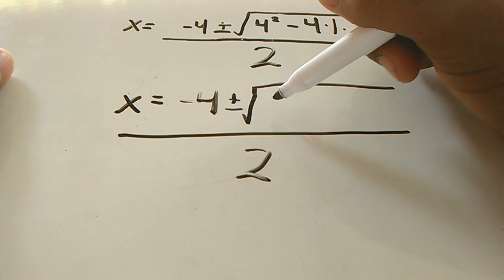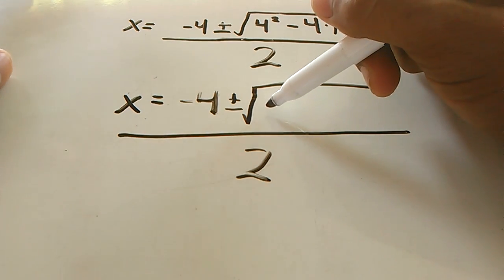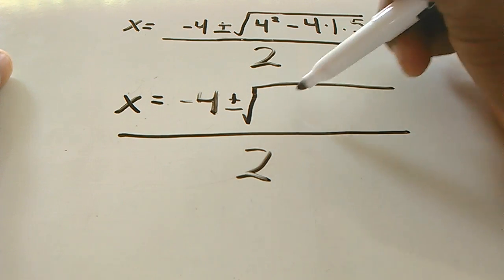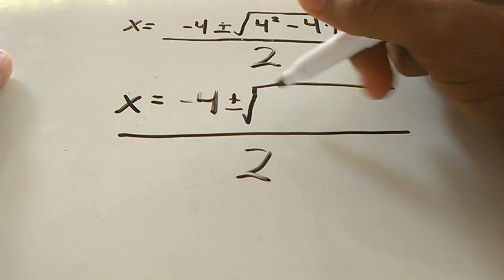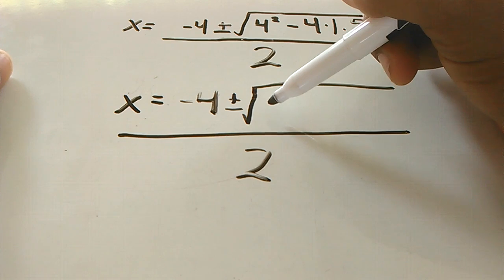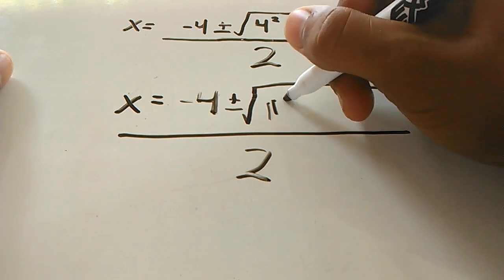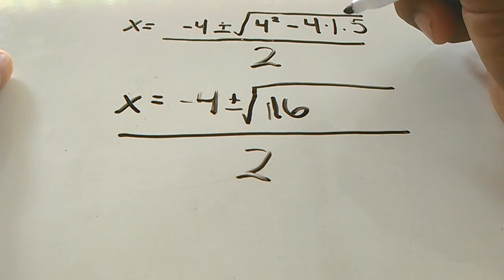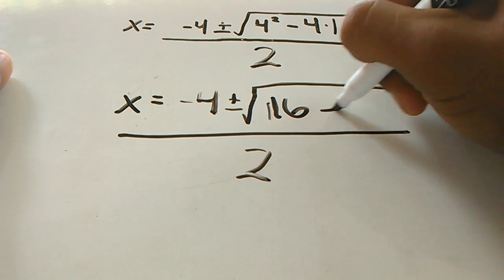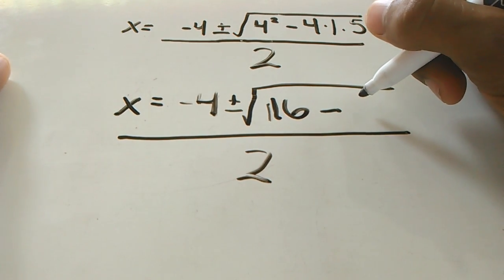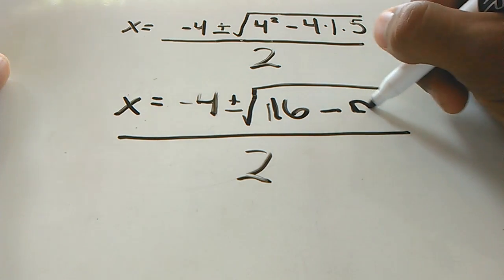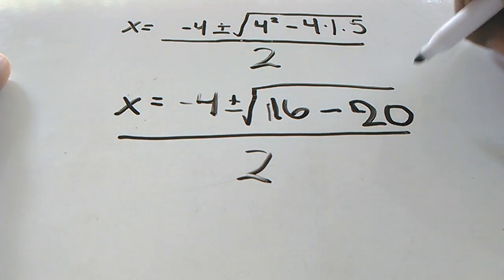Now that we have things plugged in, the negative 4 plus or minus stays the same, so now we just work on the inside of the square root. The 4 squared becomes 16. And minus 4 times 1 is negative 4, and negative 4 times 5 would be negative 20.